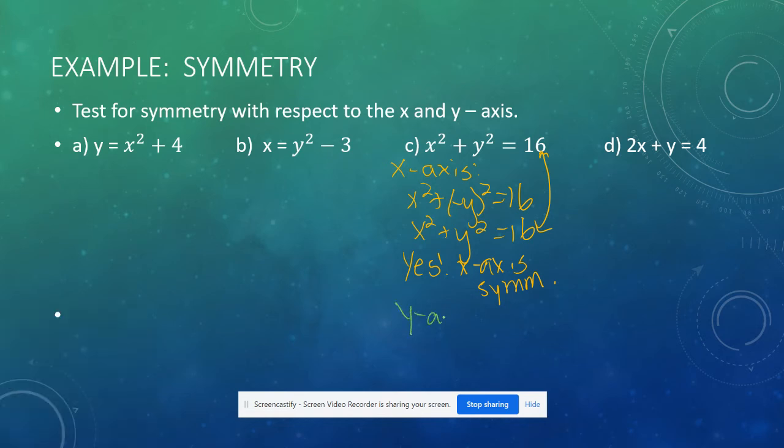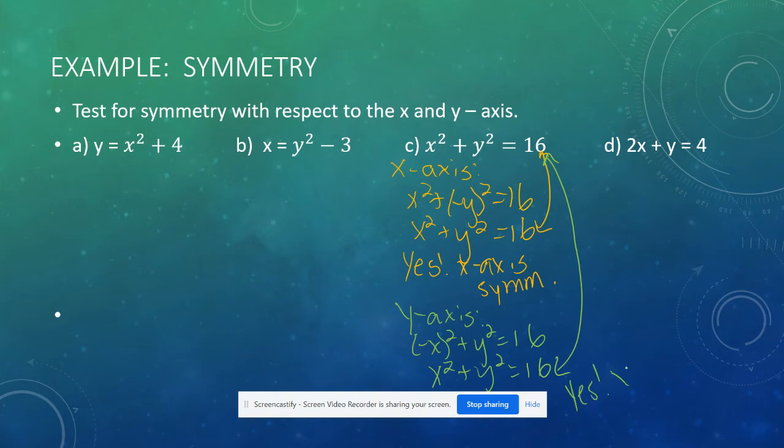Now for the y-axis, remember we plug in a negative x. And so the negative is inside, that's x squared plus y squared is equal to 16. And again, when I check these two, they are exactly the same. So yes, we also have y-axis symmetry.